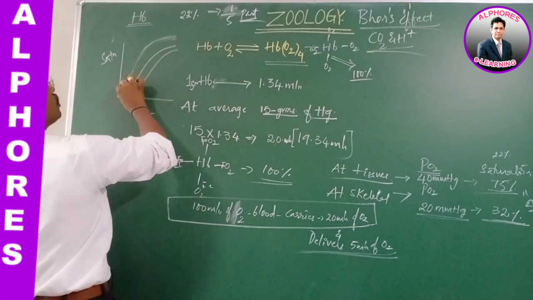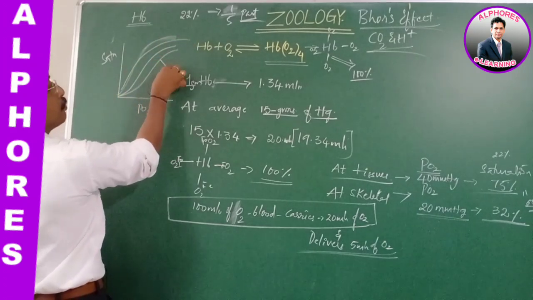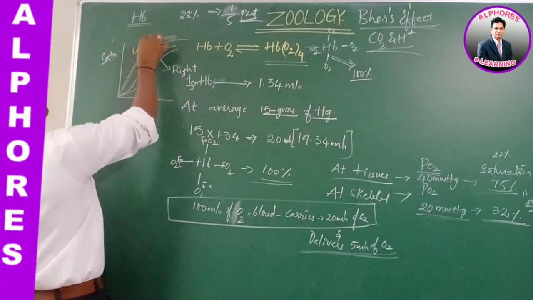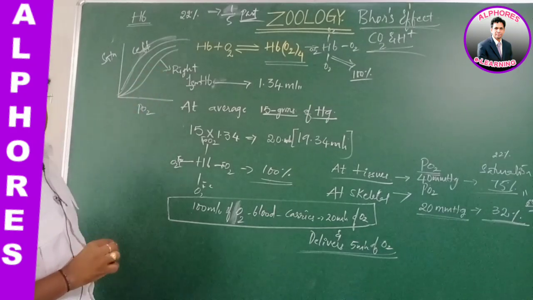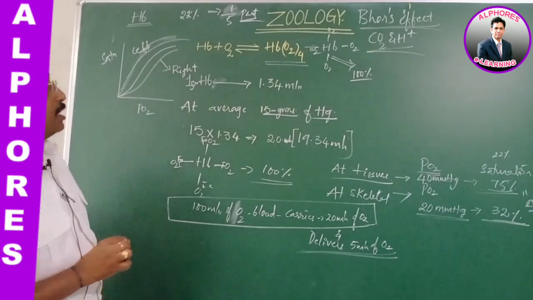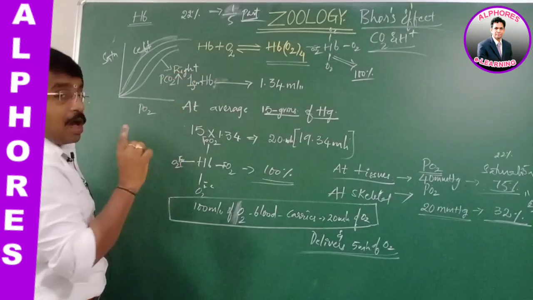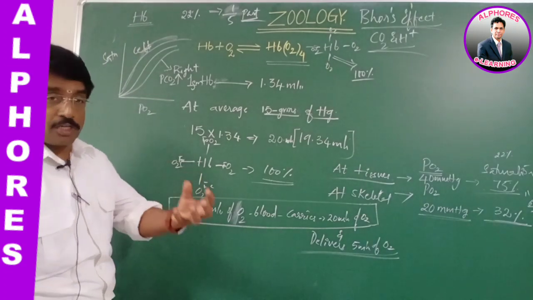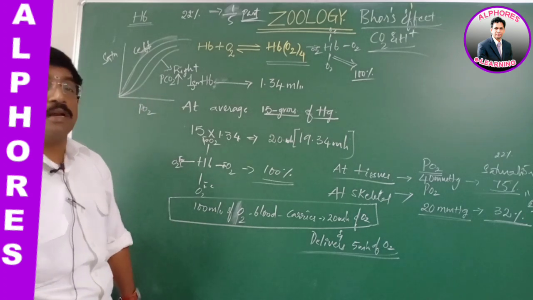The oxygen dissociation curve will shift either to the right side or to the left side. Why is it shifted to the right side? If the PCO2 increases, the arrow pointing upward indicates an increase of the pressure of a gas, and the arrow pointing downward is decreasing.